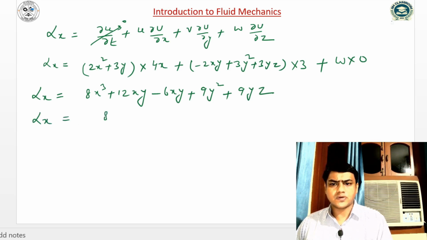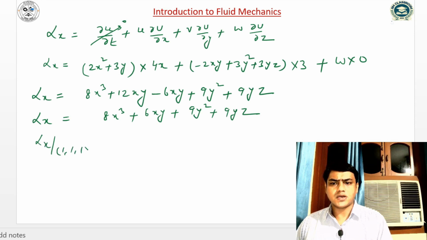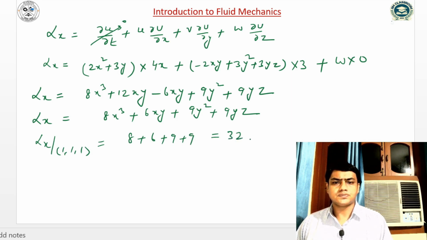So alpha x is equal to 8x cube plus 6xy plus 9y square plus 9yz. So alpha x at 1 1 1 will be 8 plus 6 plus 9 plus 9, so it will be 32 meter per second square.